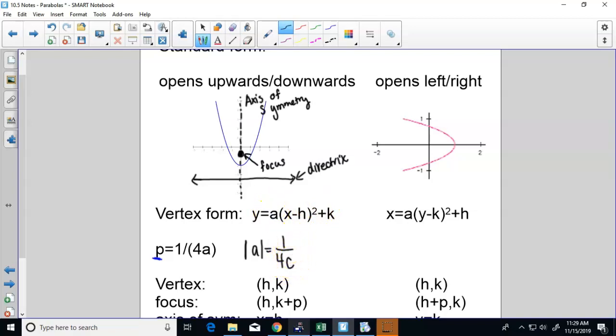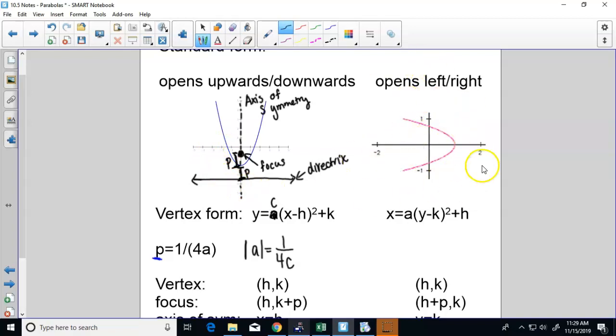If that were the case, then I should change this letter right here to a C, and I should probably change those so that they'll align. Our book uses an A right here, and when we get into doing this, you'll see what this means a little bit more. But that P value right there, the distance from the vertex to the focus is going to be P, and the distance from the vertex to the directrix is also P. So we go up or down P for those.